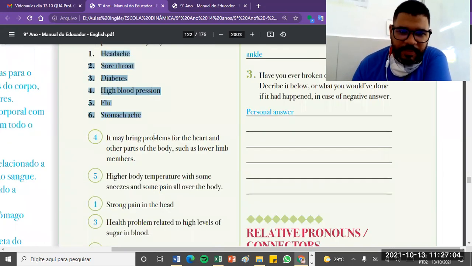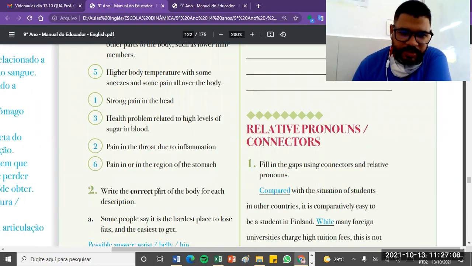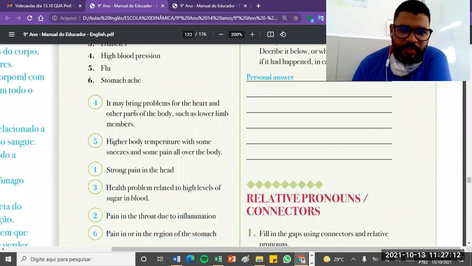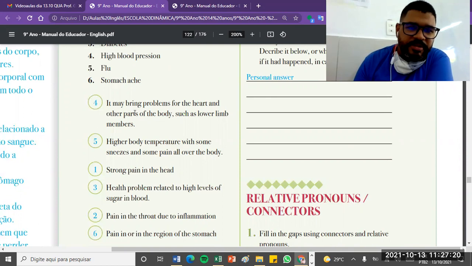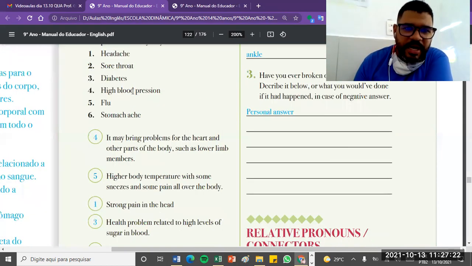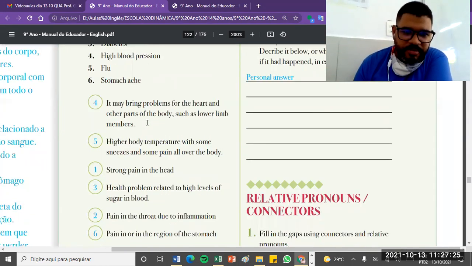Those parts of the body, they are here actually explained. So here we have, it may bring problems for the heart and other parts of the body, such as lower limb members. We are talking about high blood pressure, okay?